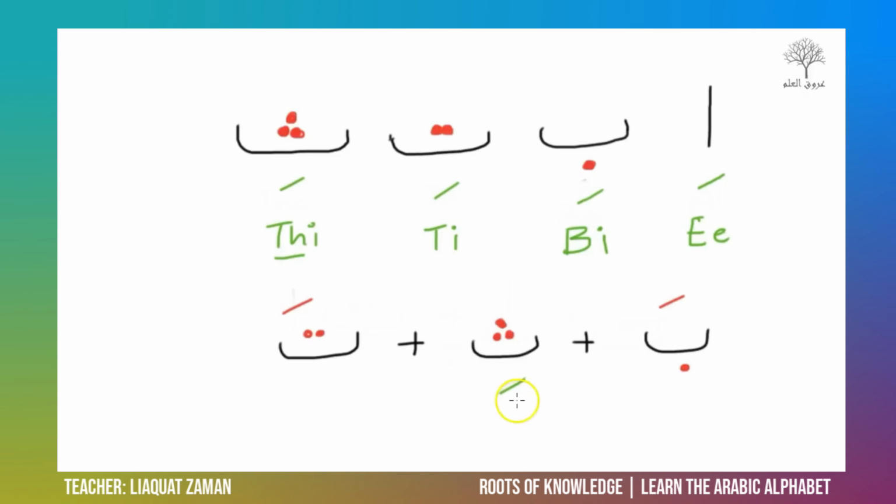Ba, si, ta. Okay, so let's write this down. So ba, remember last clip. Ba, and si as above, and ta. Ba, si, ta.